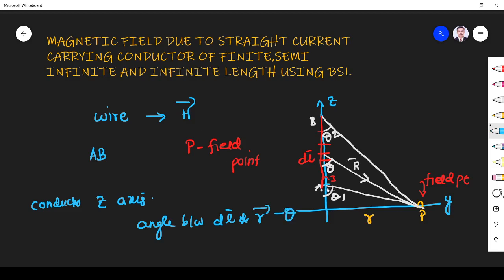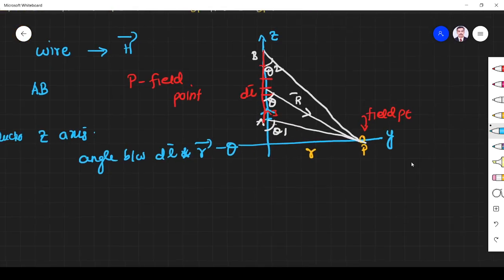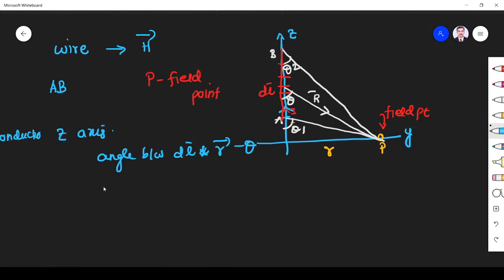The angle from the lower end of the conductor to the field point is theta 1, and from the upper end to the field point is theta 2. We assume the current I flows from A to B, that is, from lower end to upper end.